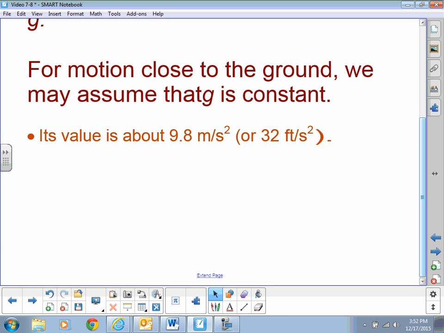Now, we choose the positive direction to be going up. So therefore, gravity's force is coming down, so we represent that as a negative. So you've probably seen in physics, you usually work with meters. So you've probably seen negative 9.8 meters per second squared to represent your gravity constant in physics.